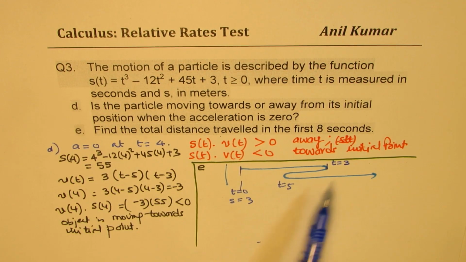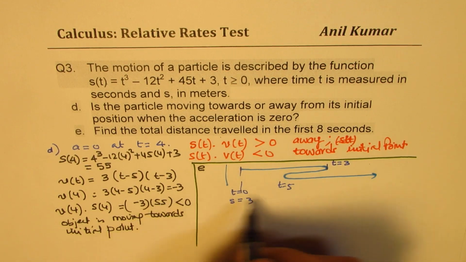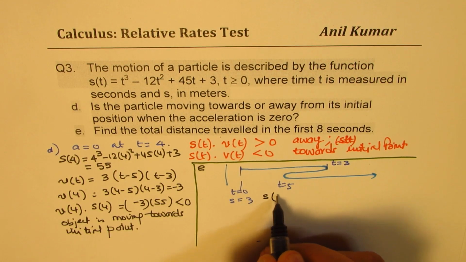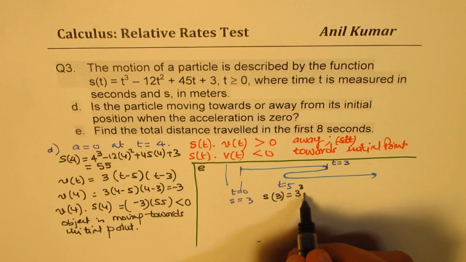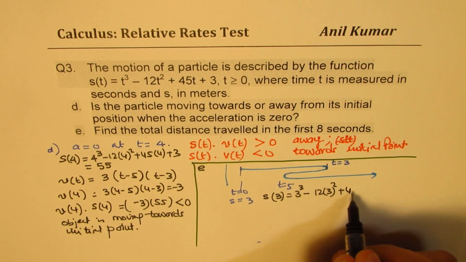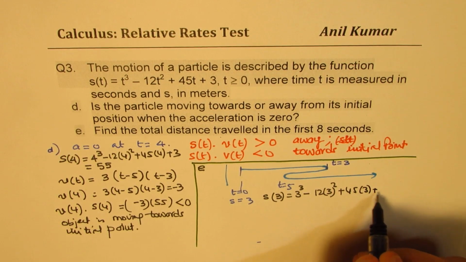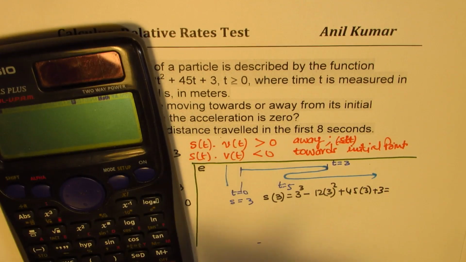We should now find the displacement at 3 and 5 and also at 8, correct? So let's calculate. We'll find the value of s at 3. We'll substitute 3 here, which is 3 cubed minus 12 times 3 squared plus 45 times 3 plus 3. Let's use the calculator.